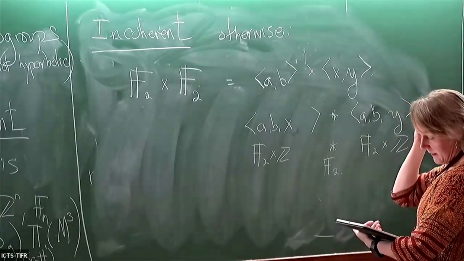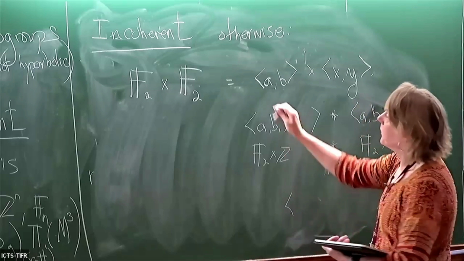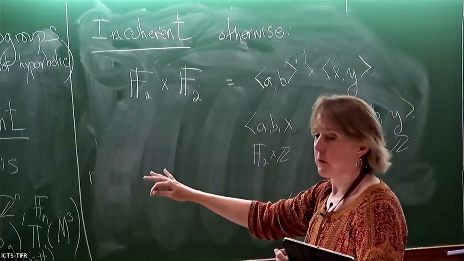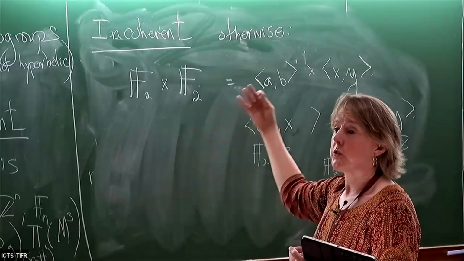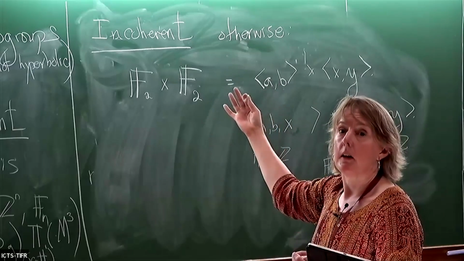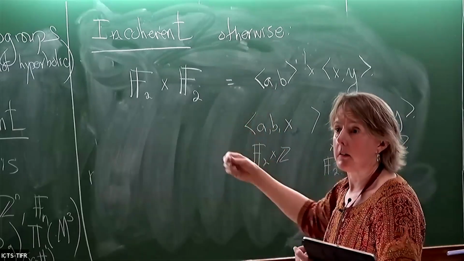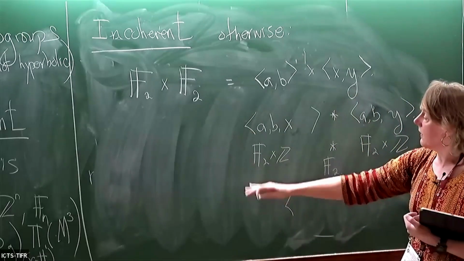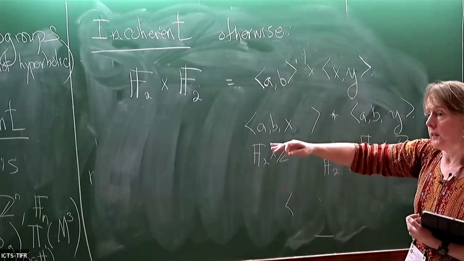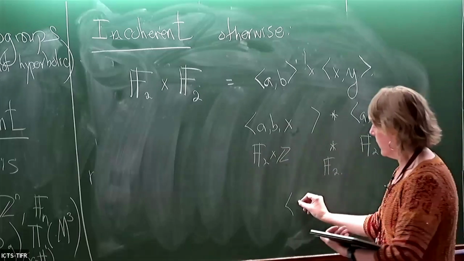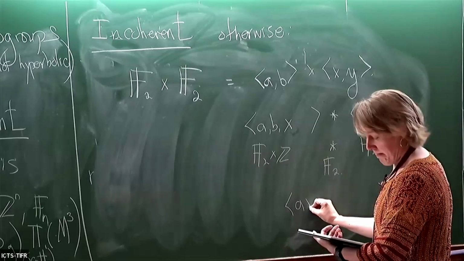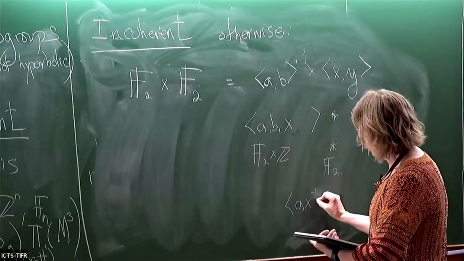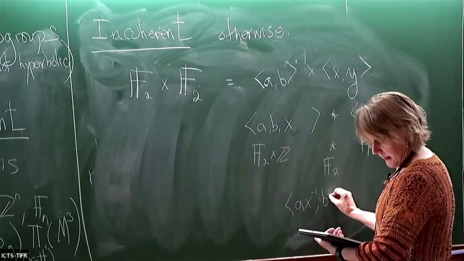Okay, if I'm incoherent, that means it's not true that every finitely generated subgroup is finitely presented. To show something is incoherent, you need to illustrate a witness to incoherence. The witness here is this fiber, which looks like F2 times Z. And there are other funny fibers, say AX negative 1 and BX negative 1.